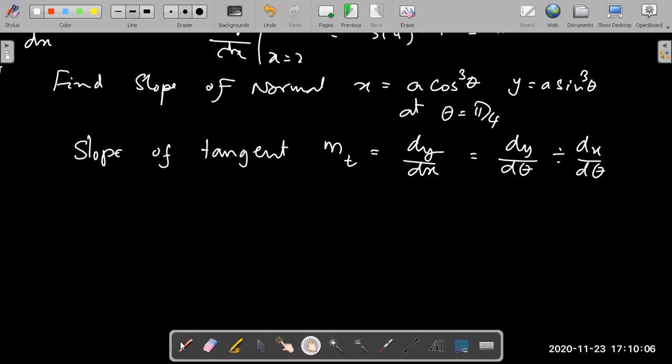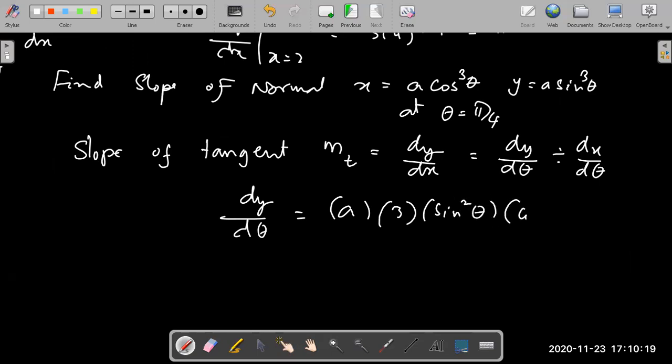So dy by d theta is a into 3 sine square theta, and by chain rule for sine theta, it is cos theta. So we have 3a sine square theta cos theta.